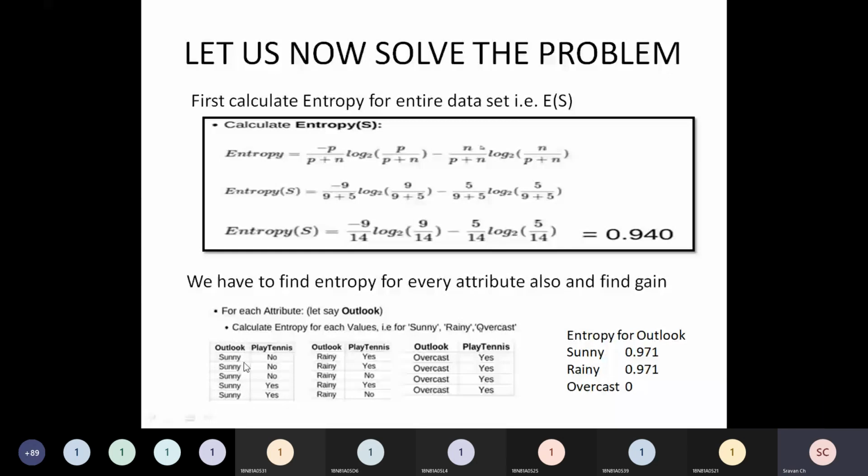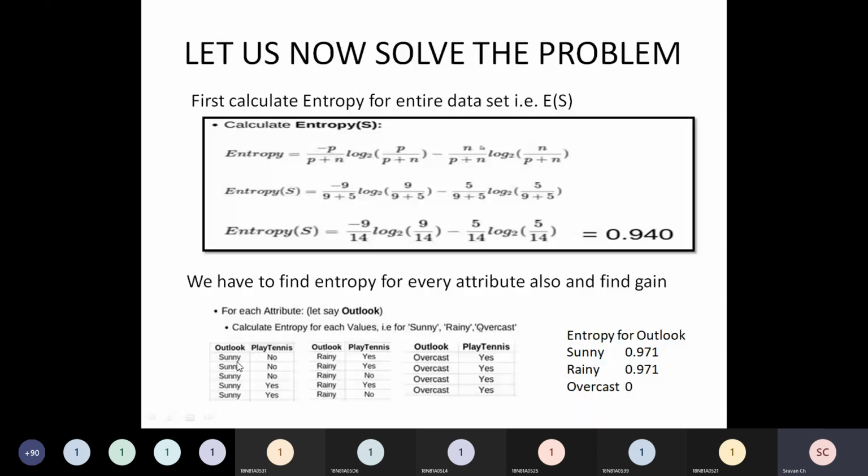Just like the way we applied the entropy formula on our main data set, where 9 plus 5 is 14 records, 9 positive and 5 negative, similarly I will calculate entropy for my Outlook sunny parameter.